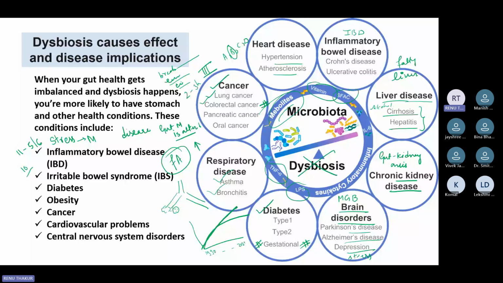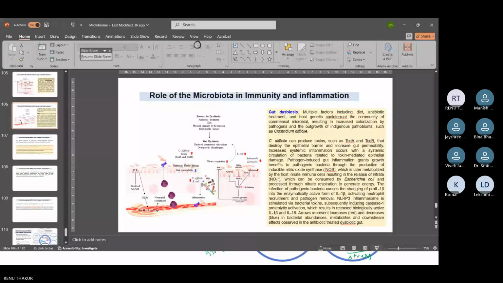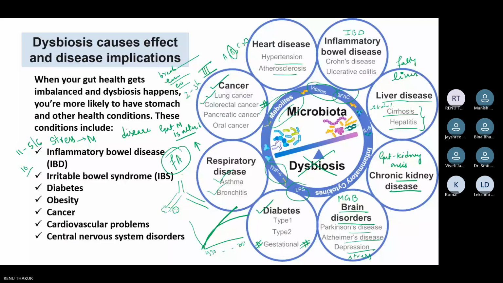And how are these cells growing? We are having trillions of cells in our body, and they perform all the functions in a coordinated way.